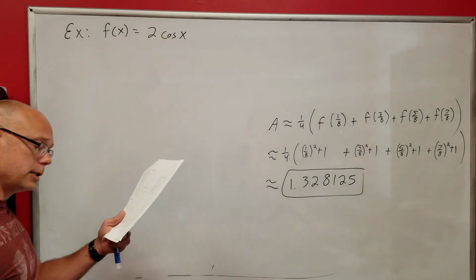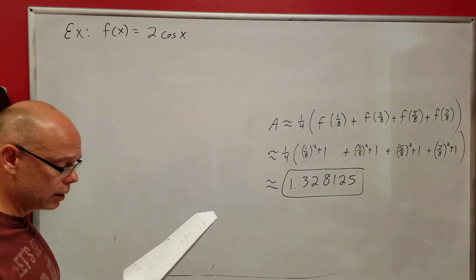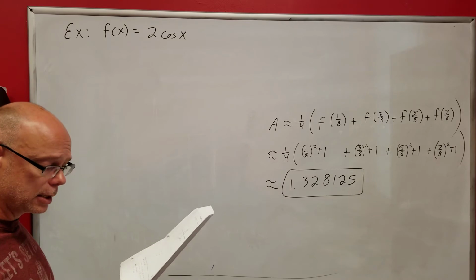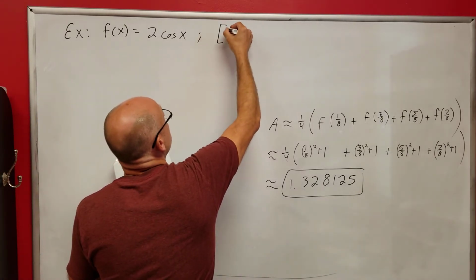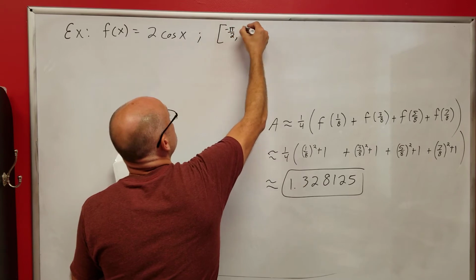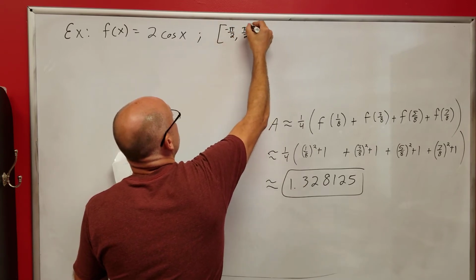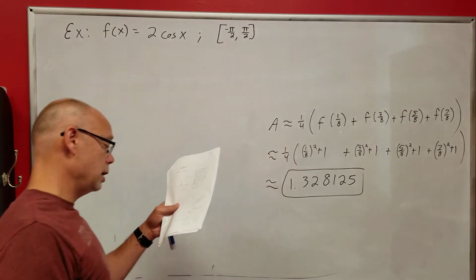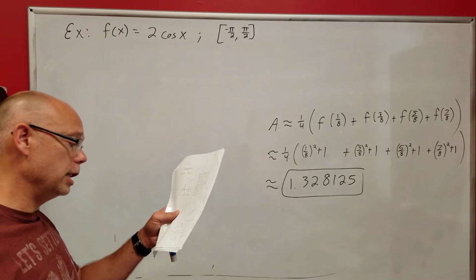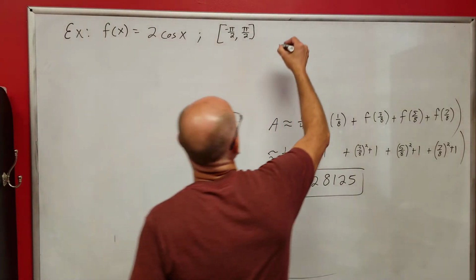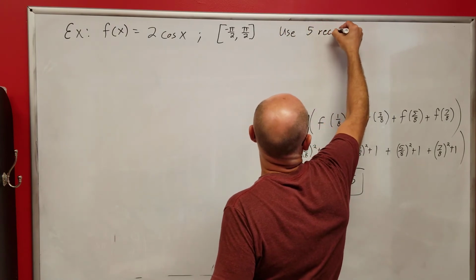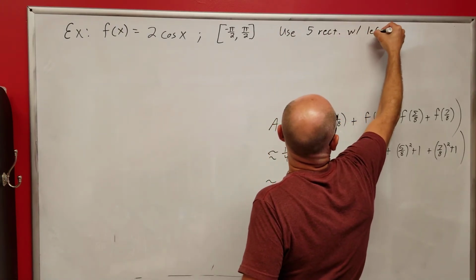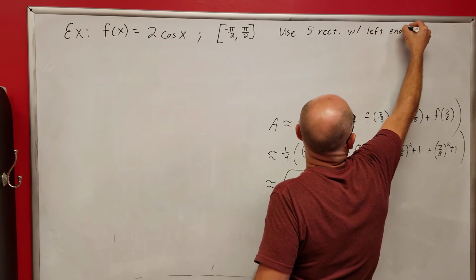And they want me to estimate the area between the graph of the function 2 cosine of x and the interval from negative pi over 2 to pi over 2. And they want me to use 5 rectangles with left endpoints.